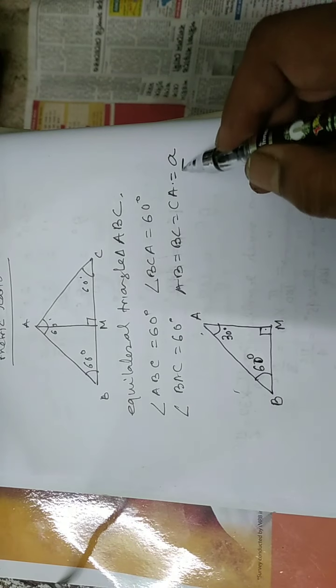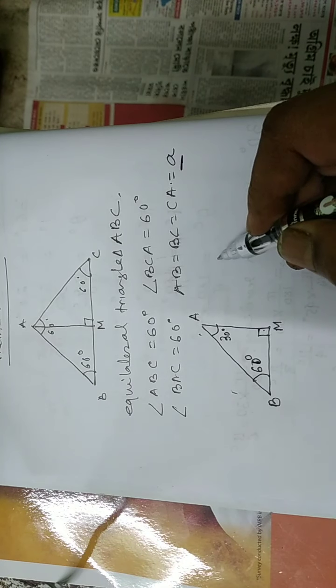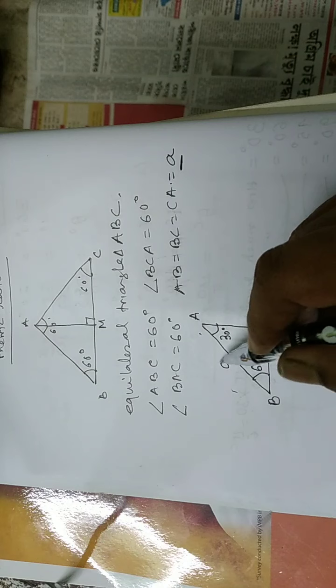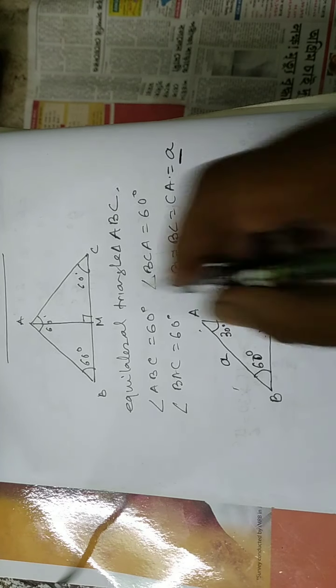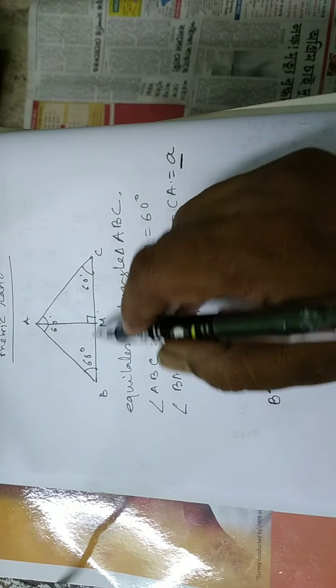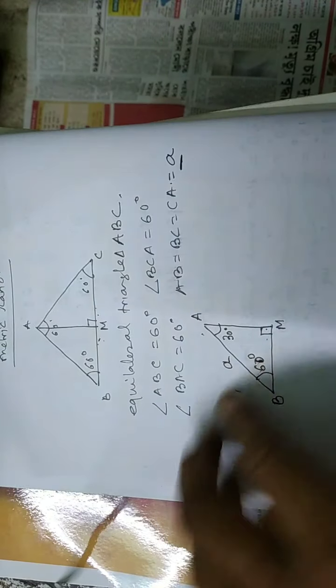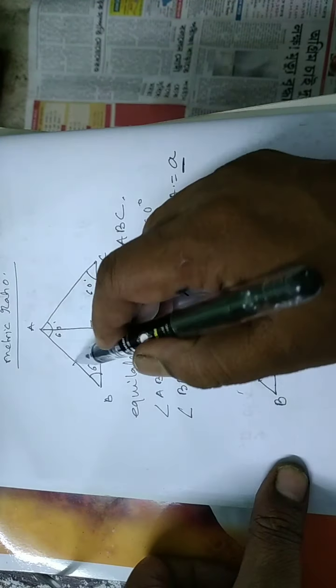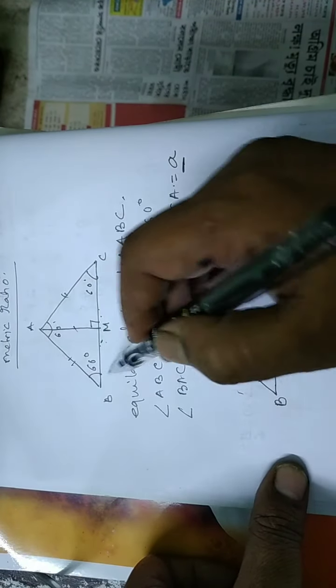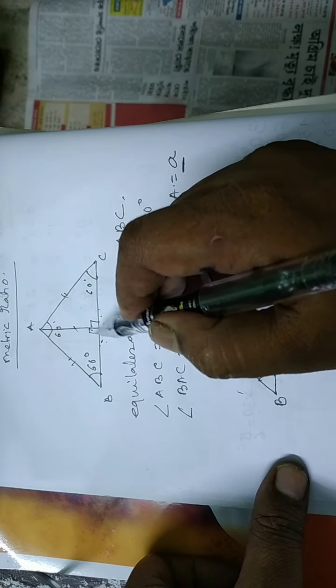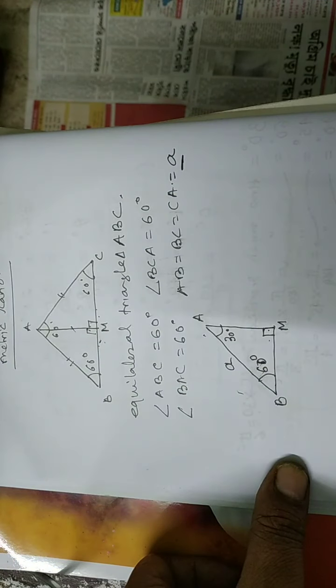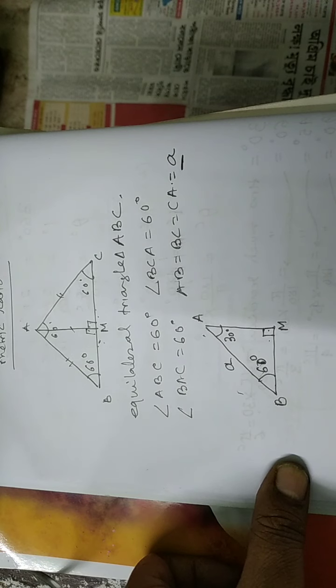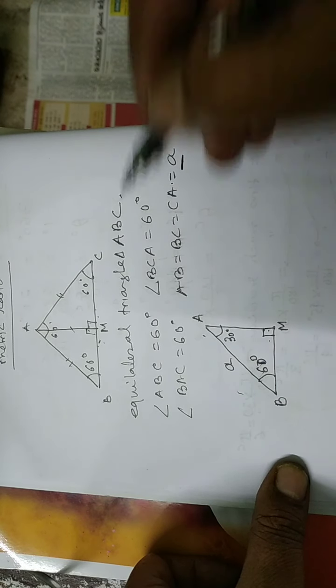The perpendicular AM bisects the equilateral triangle. From geometry you know that this side is common, and this angle is 90 degrees, so it is RHS congruency.